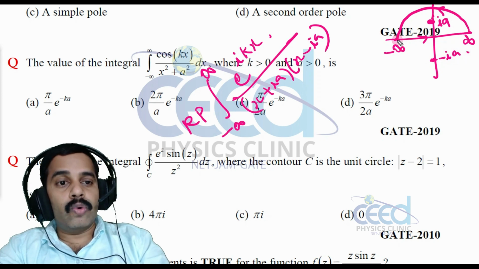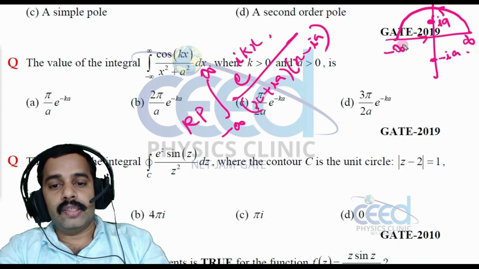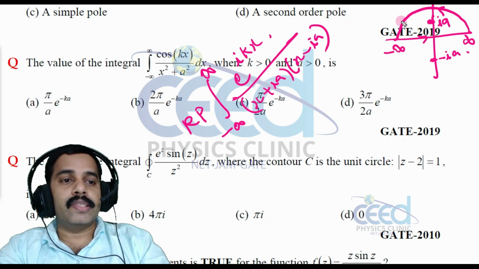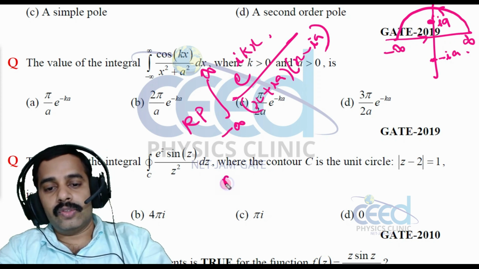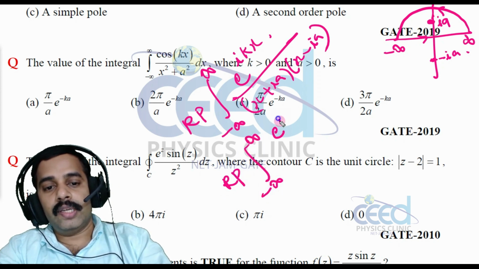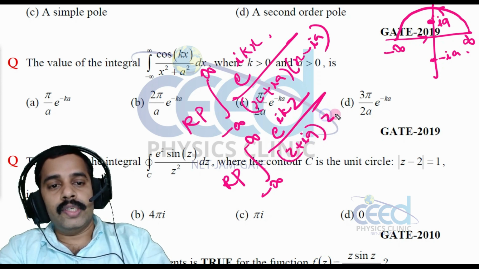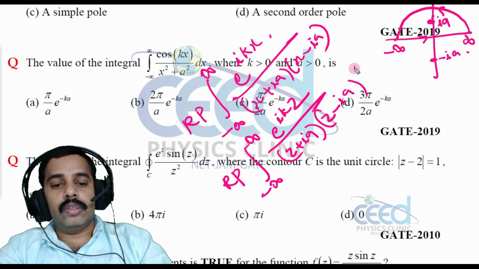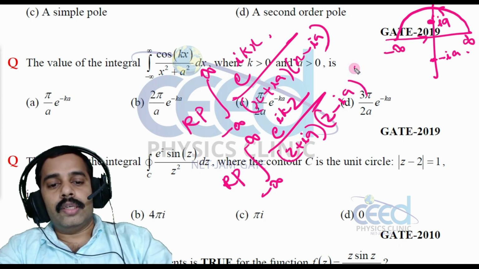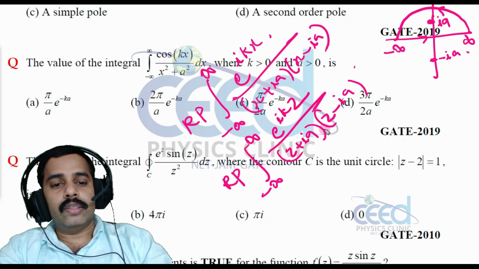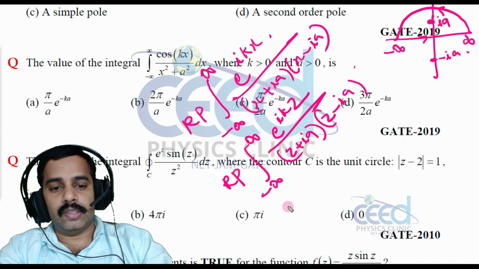We can replace x with z, so the real part of the integral of e raised to i k z divided by z plus ia into z minus ia. We can integrate this using Cauchy's residue theorem.